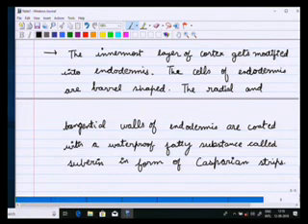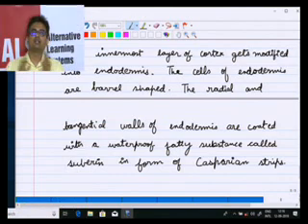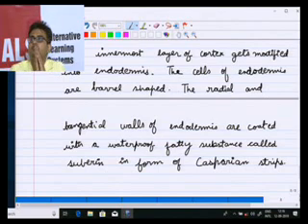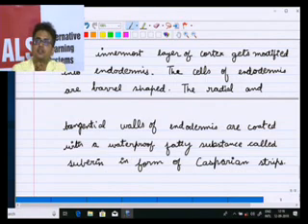Okay. So let me explain what a Casparian strip is. Do you understand how electricity is generated with the help of a hydroelectric power dam? Everybody understands the principle of potential energy, right?